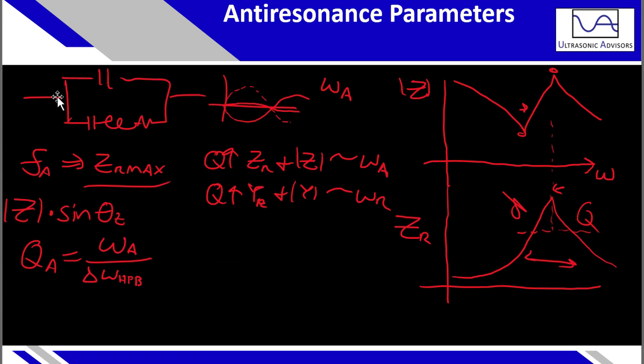The other factor that comes into play from the anti-resonant frequency is the coupling factor. In broad terms, the electromechanical coupling factor, denoted as K squared, is equal to the converted energy divided by the input energy.